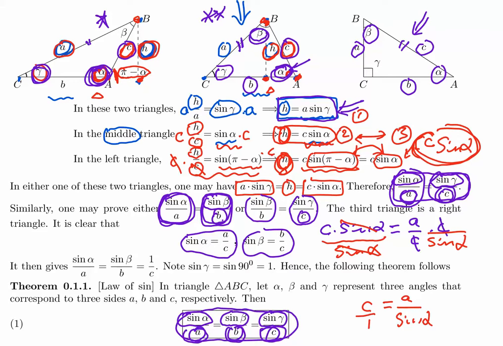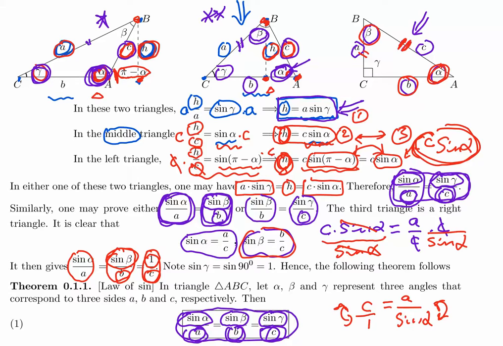Remember, there is a 1 downstairs. If you flip numerator and denominator at the same time, you have a 1 over C here, is sine alpha over A. And similarly, you can work on this one and you get sine beta over B is 1 over C. So this is sine alpha over A, that will be sine alpha over the opposite side, and sine beta here over the opposite side, B, which is 1 over C. C is this side.